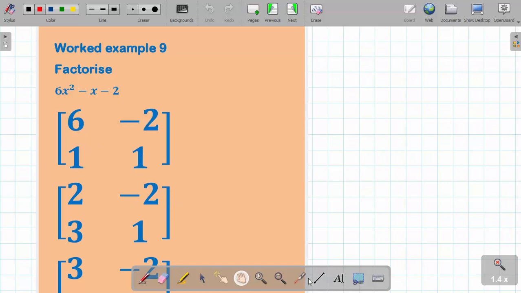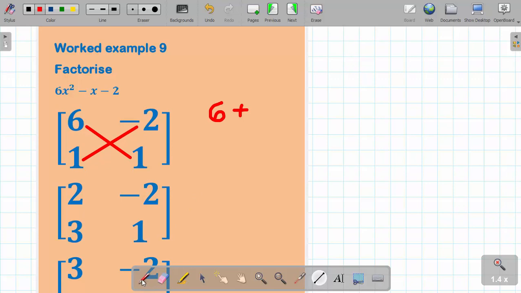Let us now cross. When I cross 6 times 1, it gives me 6. And then plus, if I cross 1 times negative 2, it gives me negative 2.